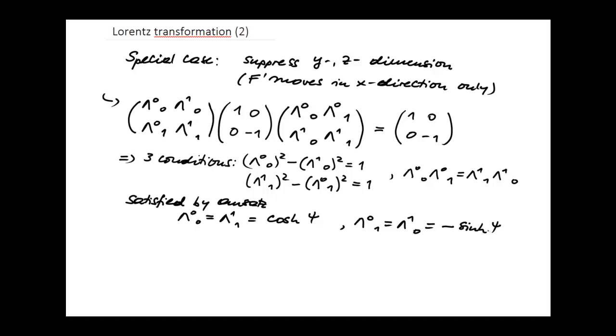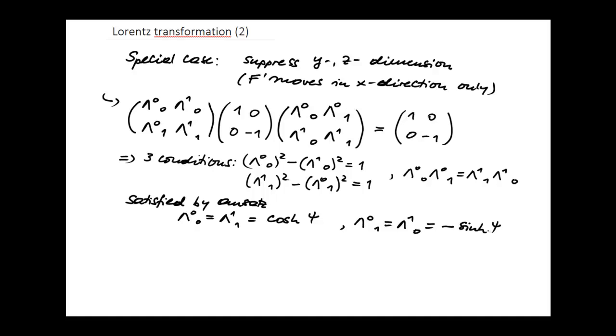You can quickly check the first and the second of these three conditions, they simply read hyperbolic cosine squared minus hyperbolic sine squared is equal to 1. This is just the Pythagoras for the hyperbolic functions, so that's fine.